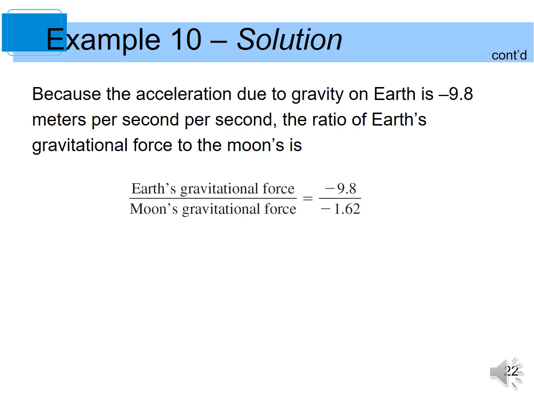Because the acceleration due to gravity on Earth is negative 9.8 meters per second squared, the ratio of Earth's gravitational force to the moon's is given by negative 9.8 over negative 1.62. So the answer is around 6.